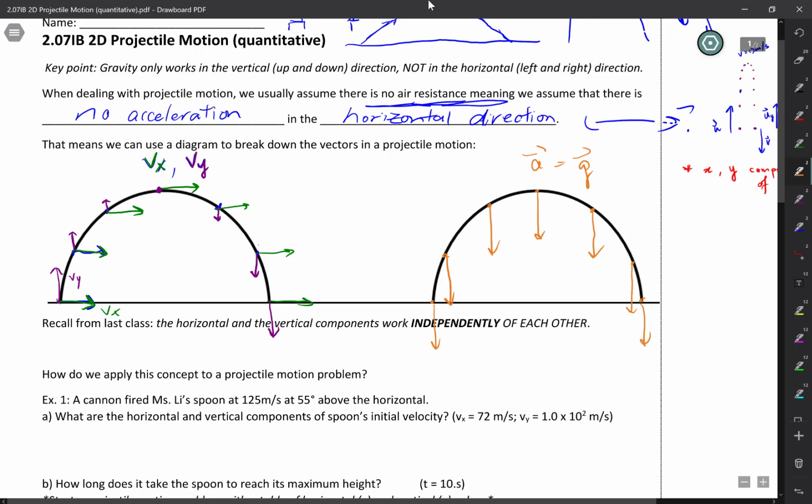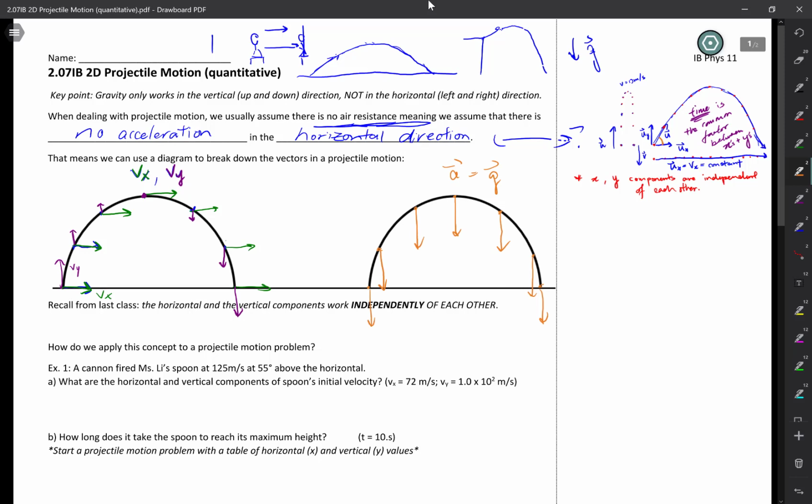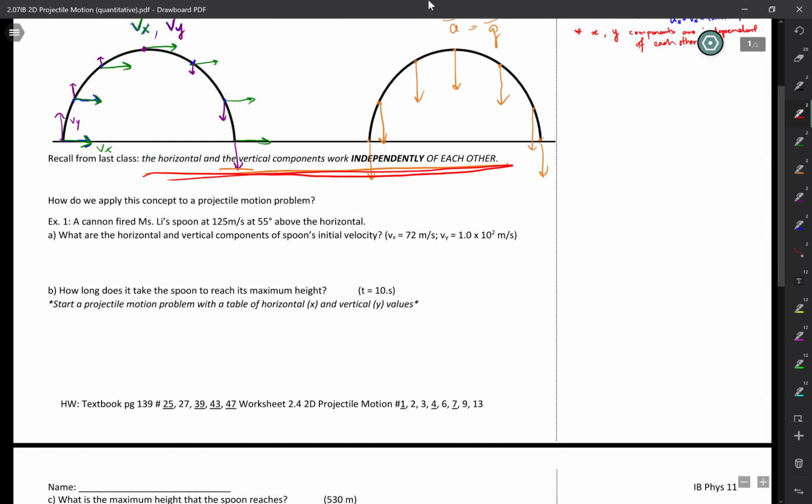So here's a little summary of 2D projectile motion with all the vectors. And here I wrote it again, how all of your horizontal and vertical components work independently of each other. They work independently of each other.